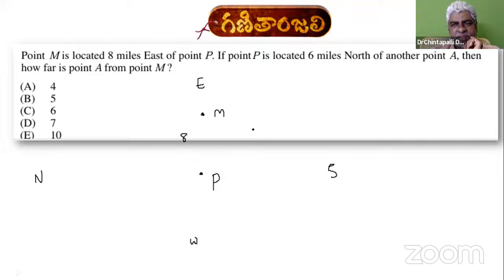Point P is located 6 miles north of another point, A. If A is here, then north of A is here only, and P is there. So the distance from A to M, how far is it?